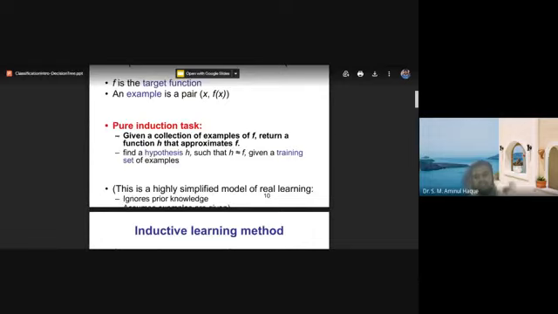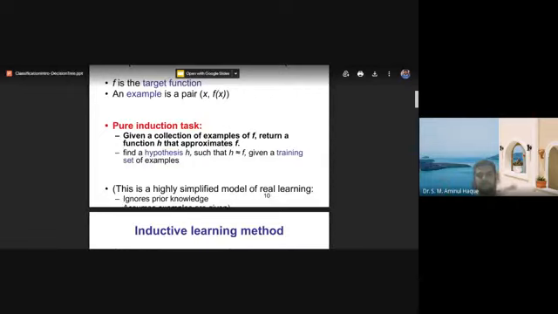F is the perfect function, and H is not perfect. But our target is to make the hypothesis H as close as possible to the function. That's why we are generalizing the function.